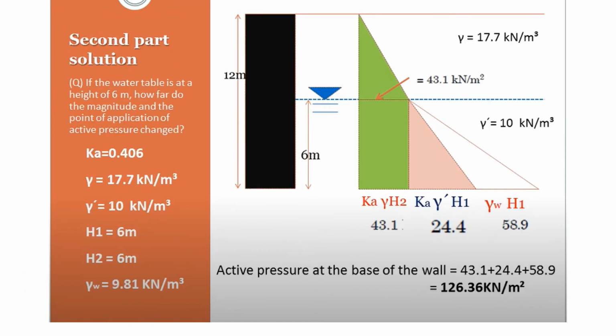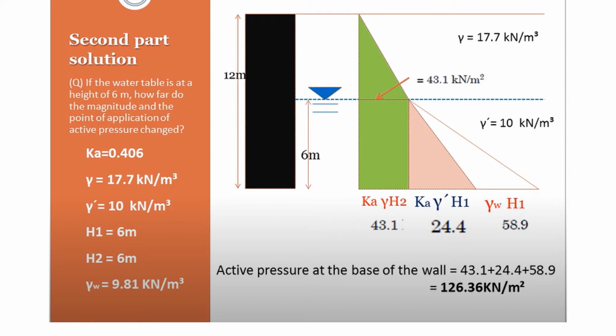And coming to the next case, that is if the water table is located, and the location of the water table is given as 6 meter from the top or bottom, as it is a 12 meter height retaining wall, the 6 meter is in the middle of this, where the water table is located.